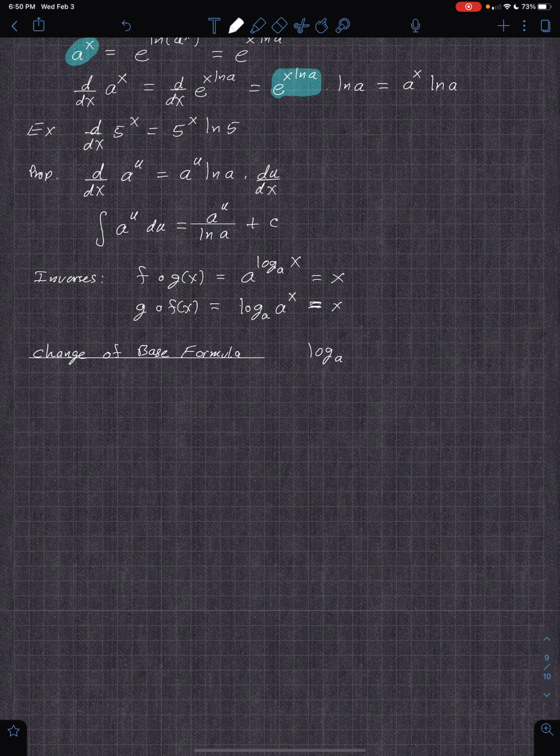You have log base a of x is ln x over ln a, or you can write it as log base b of x over log base b of a.